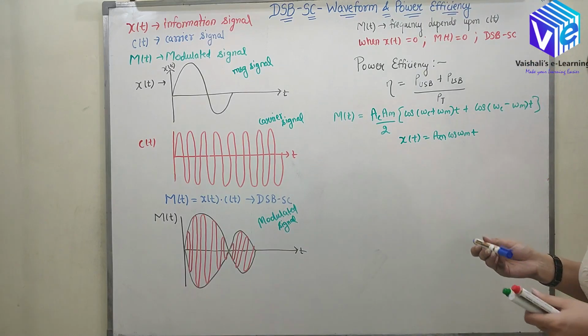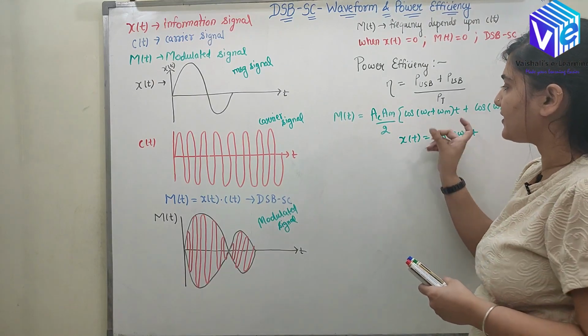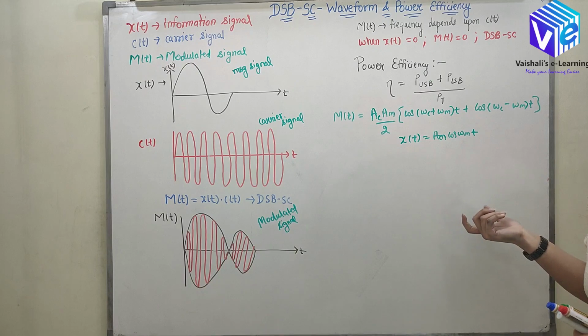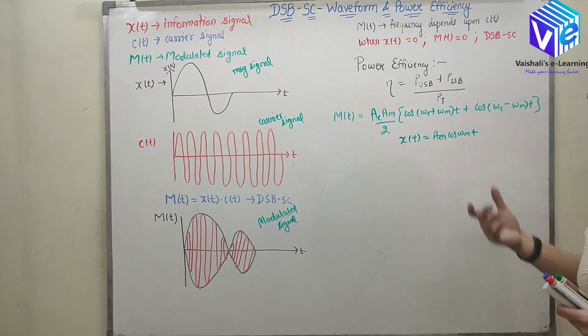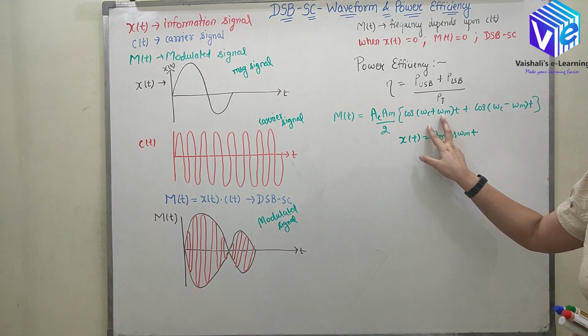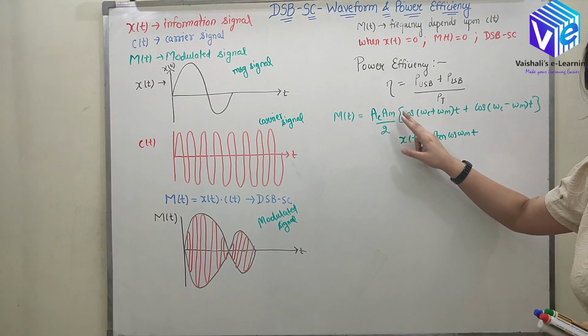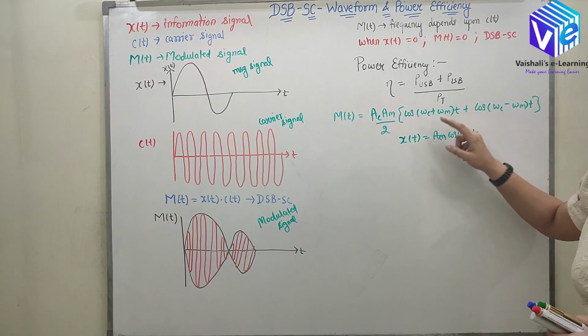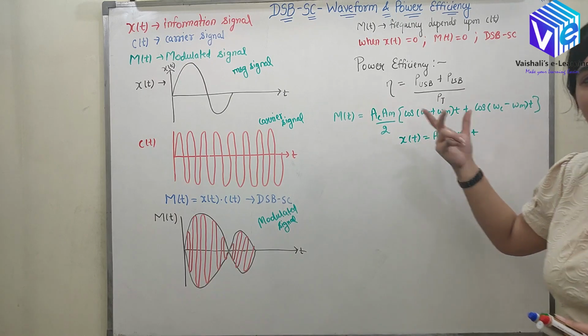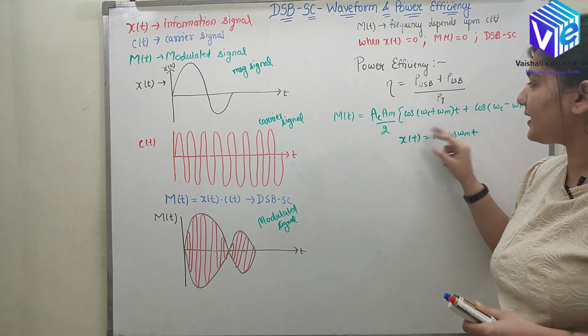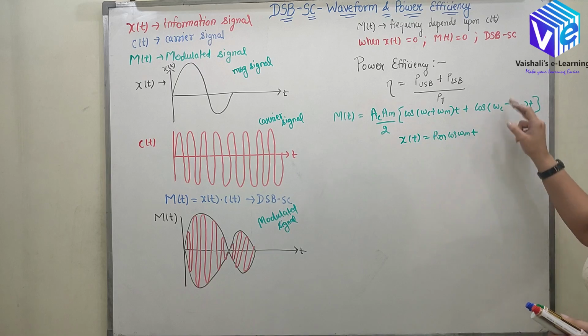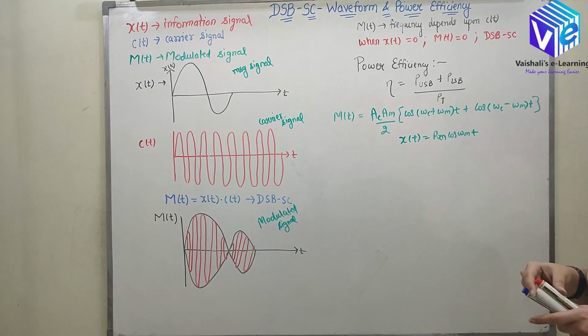Now if I denote the power of the sidebands, these both represent the sidebands. Actually there is no carrier. This is the sideband having the amplitude of the message signal, and this also contains the information about the message signal.